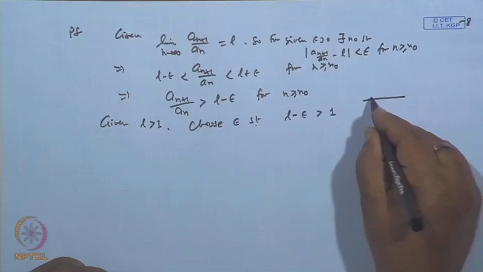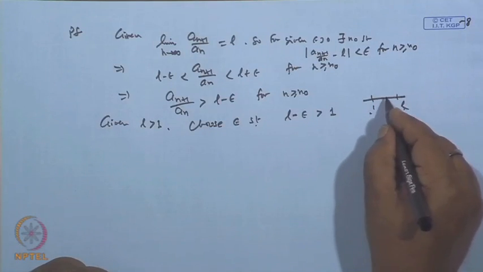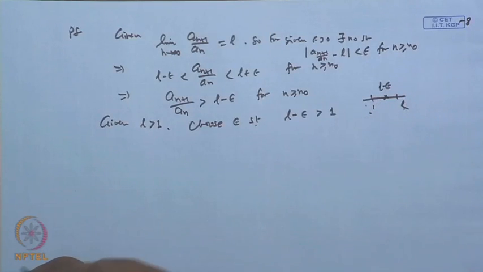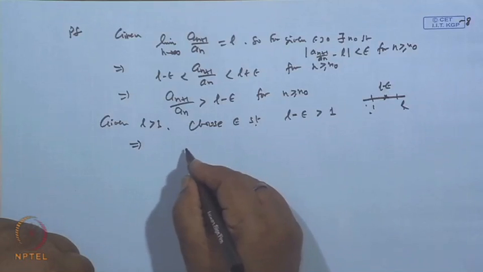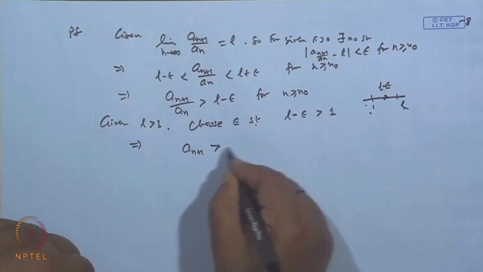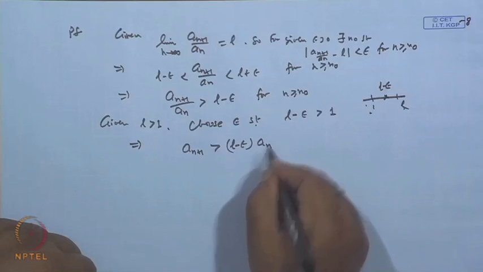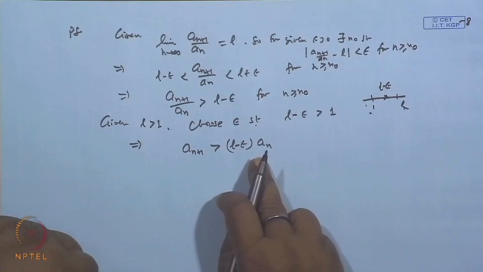There is a gap, this is 1, this is L. So, L is strictly greater than 1. I choose epsilon in such a way that L minus epsilon is also greater than 1. So, from here we get that a n plus 1 is greater than L minus epsilon into a n, which is greater than a n.